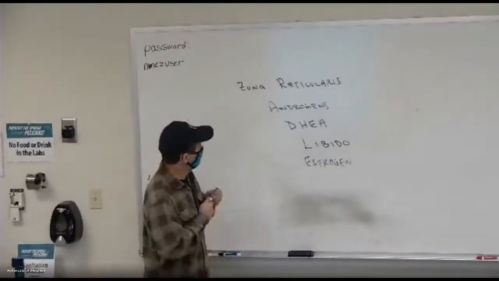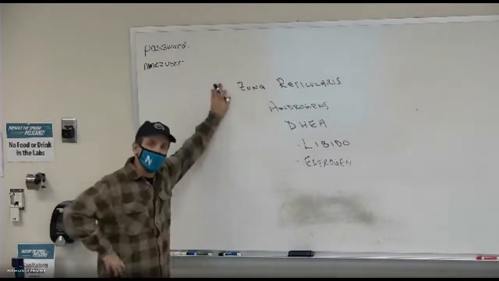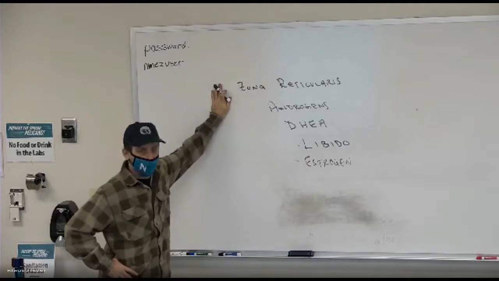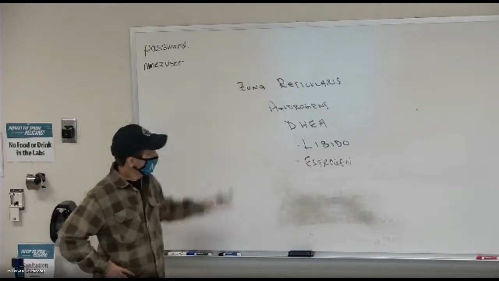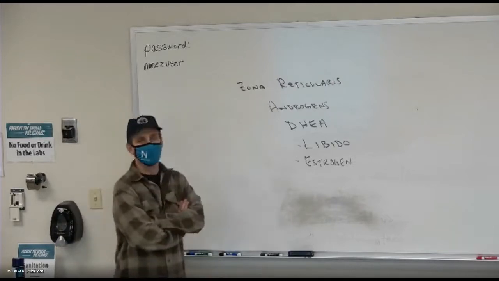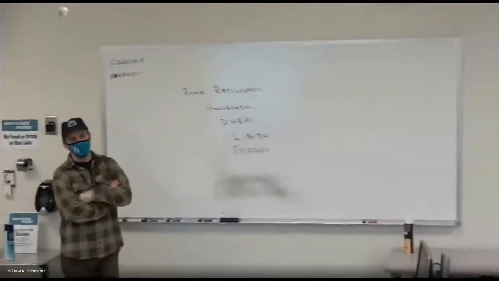So in any event, that's what the zona reticularis does. That's much easier than the first one we talked about. So that is the cortex of the adrenal gland.